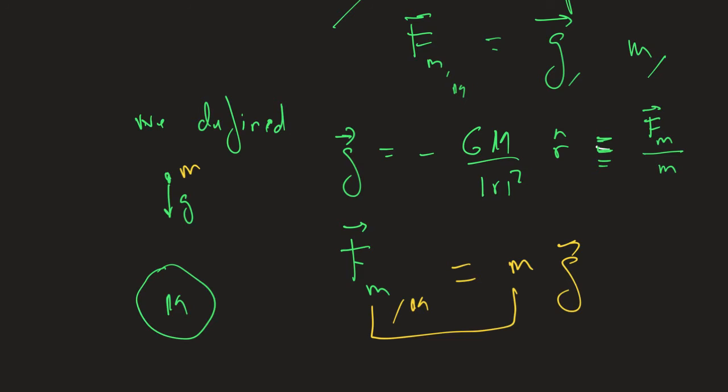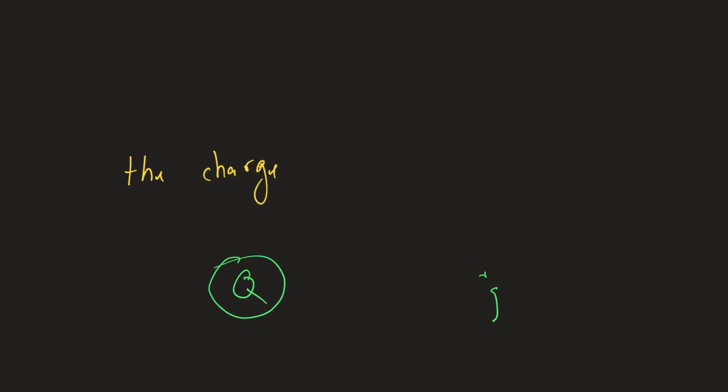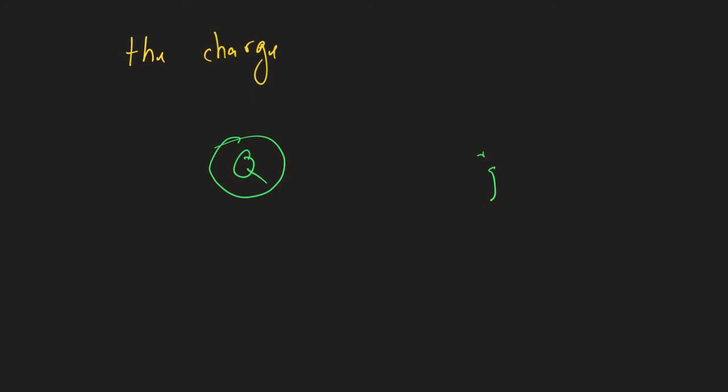Same idea with another attribute, the charge. I take an object and give it the charge Q. I take another object and give it the charge little q. And I imagine that between these two objects there is an interaction, a similar interaction.